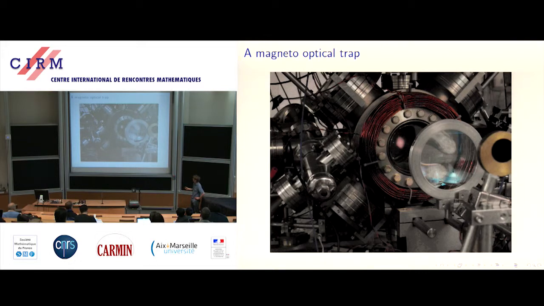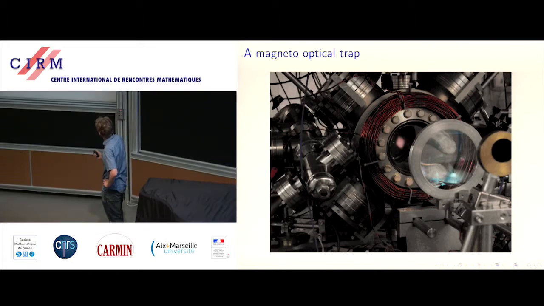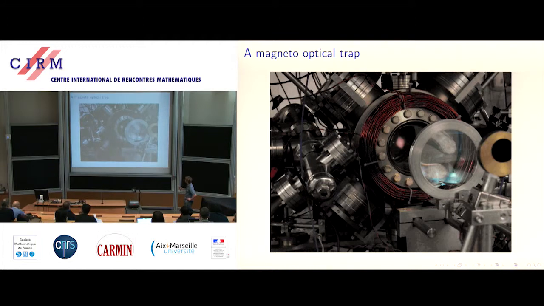This is a cloud of cold atoms, rubidium in this case, about 1 centimeter, or at most a few centimeters wide. There is a vacuum chamber here, and you can guess there are many lasers hitting the cloud. You can maybe also see a coil where electric current is flowing, and it creates a magnetic field inside.